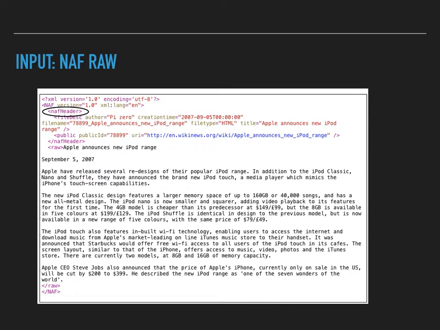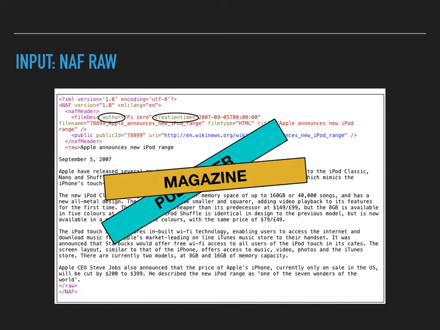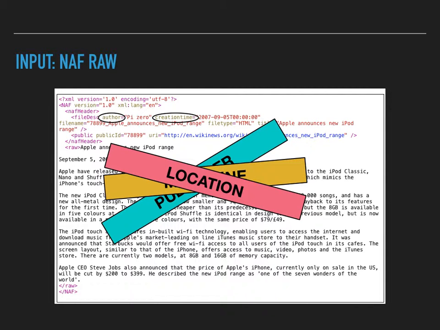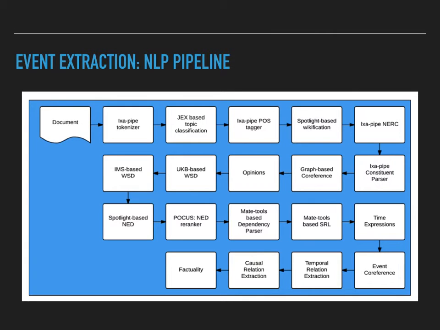There is also a NAF header, where metadata provided with the original input can be captured, including the author, the publication date, and if available, information about the publisher, the newspaper or magazine that published it, or the location of publication. The first step of our process is to apply linguistic analysis for event extraction to these documents.